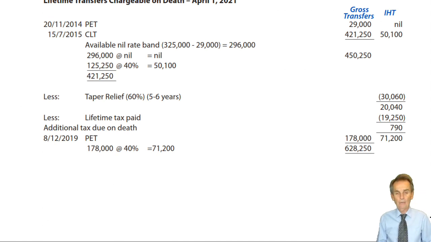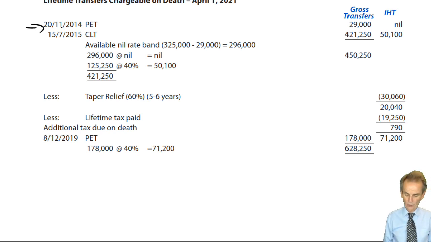Okay, picking it up again then on the lifetime transfers chargeable on death. Hopefully a successful exercise on your part there. We knew that we go through from the earliest transfer within the 7 years before the date of death through to the date of death and deal with each of those lifetime transfers, whether a PET or a CLT, in course.